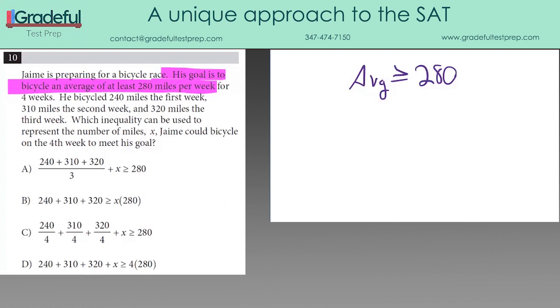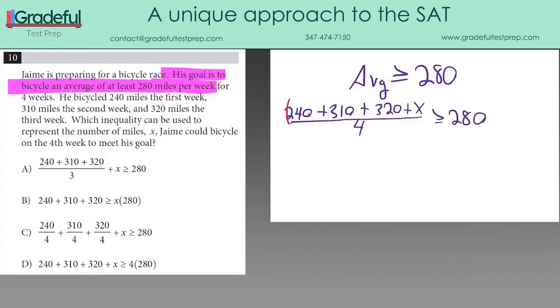And even though that sounds really easy, it's really useful to often just nicely set up an equation as the sum over the number. In this situation, we have the first week, which was 240, the second week, which was 310, the third week, which was 320, and the fourth week, which is being represented by x. And that's going to be divided by the number of weeks, which is 4, and that needs to be greater than or equal to 280.